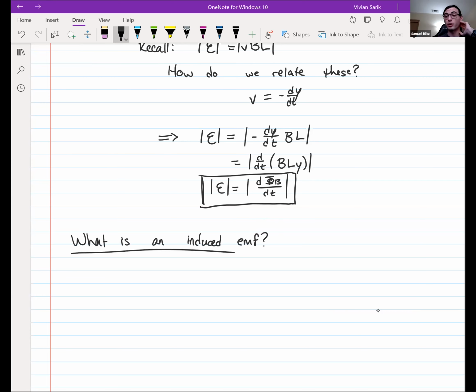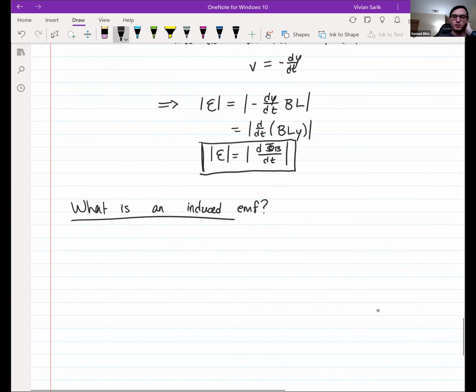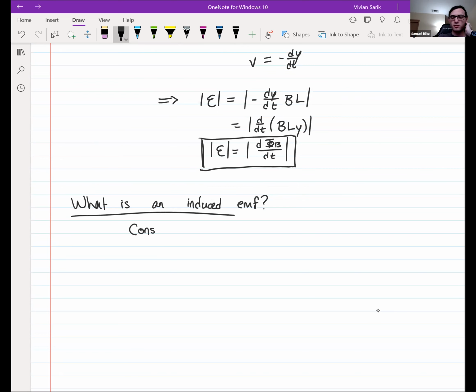So let's consider that example that we just talked about, but I'm going to simplify it. I'm just going to draw less of it. But we're going to have a resistor here. So here we have the picture again.